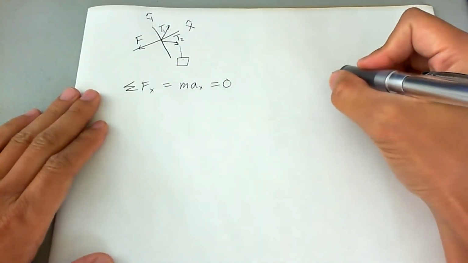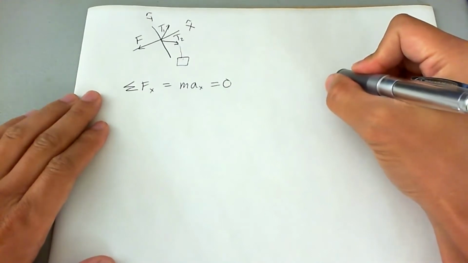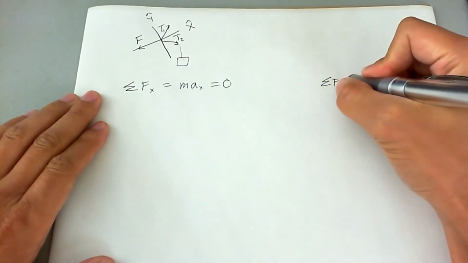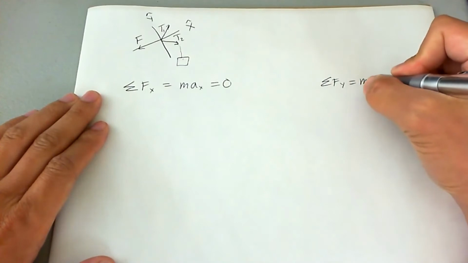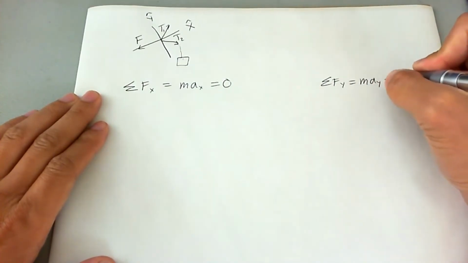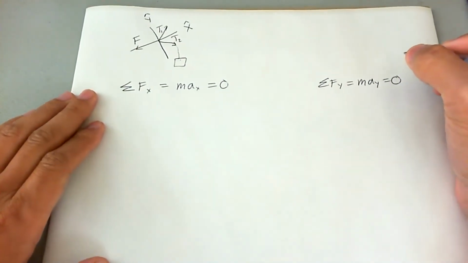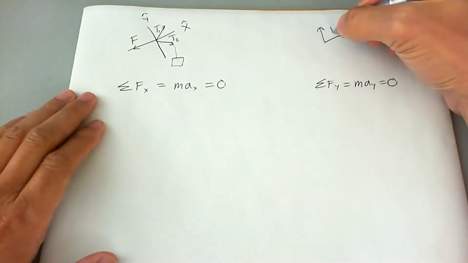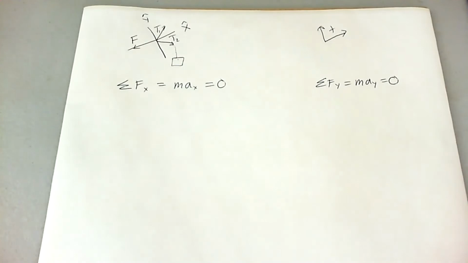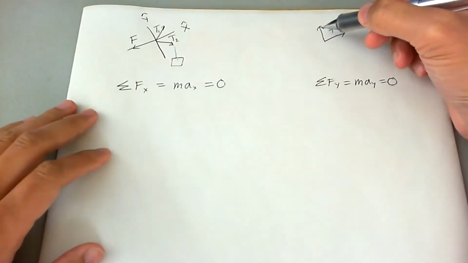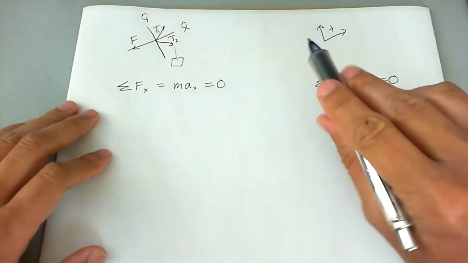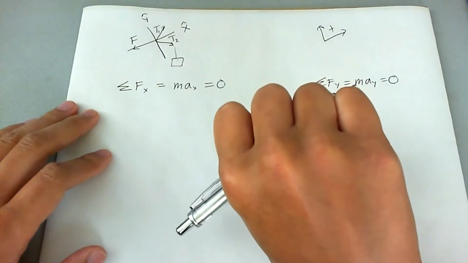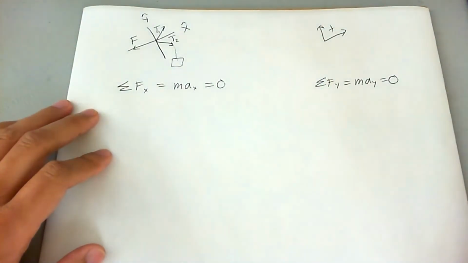At the same time, you can go ahead and say that Newton's second law in the y direction is equal to mass times acceleration in the y direction. And it's also equal to 0. Conventionally, we'll make our coordinate systems positive, going to the right and going up. And since it's tilted, then we'll say up and to the left is positive, and a little bit north of east is positive as well.